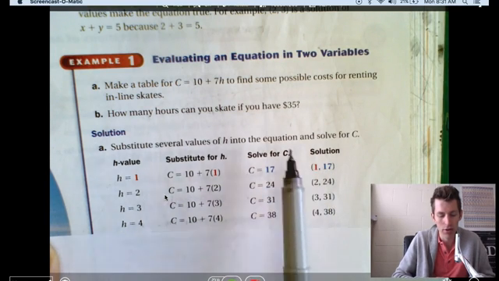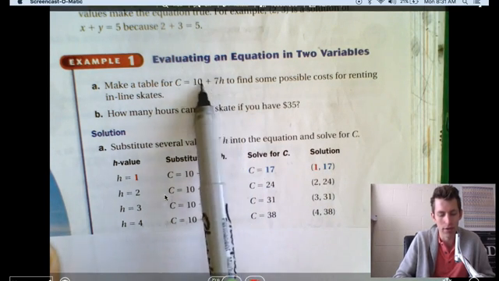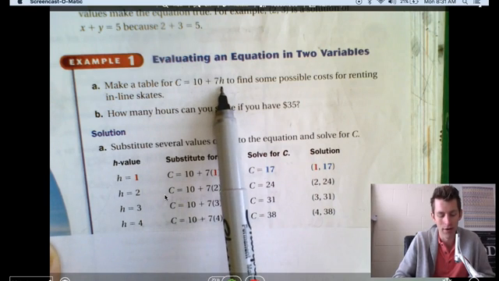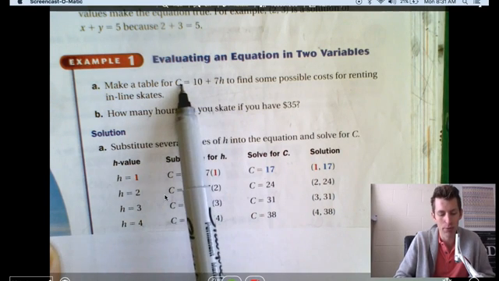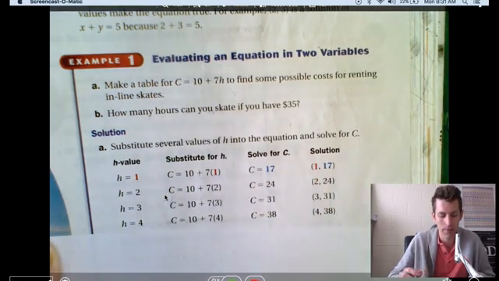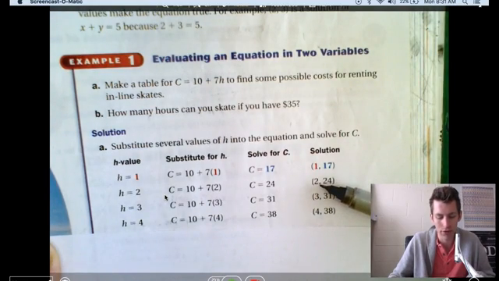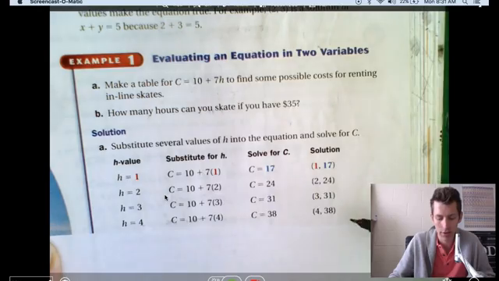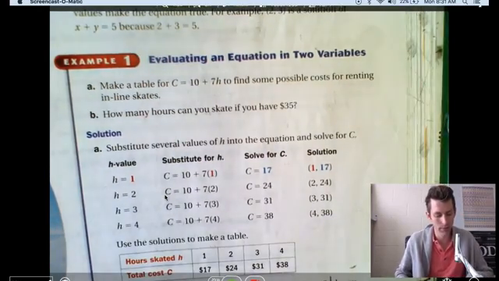You plug in numbers into the vending machine side, right? And it spits out whatever that's going to be. So the number you plug in first comes first here in the ordered pair. So it looks like if you rent the skates for 2 hours, you're going to pay $24. 3 hours, $31. 4 hours, $38.